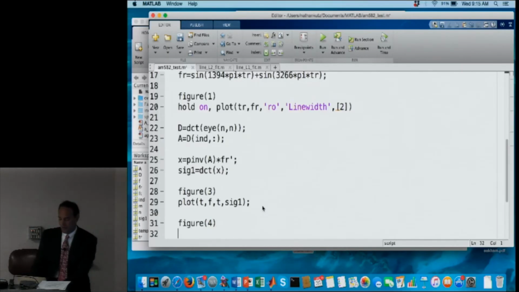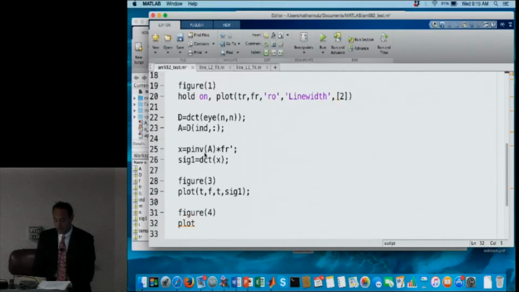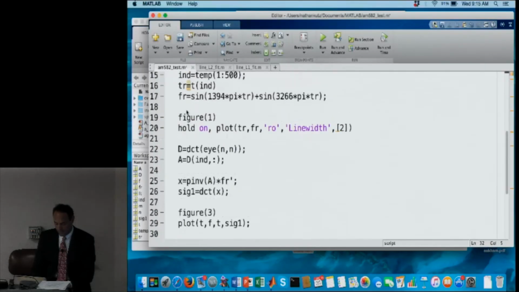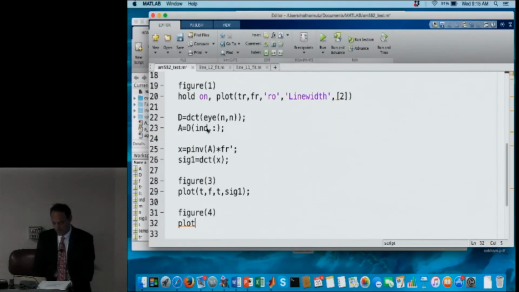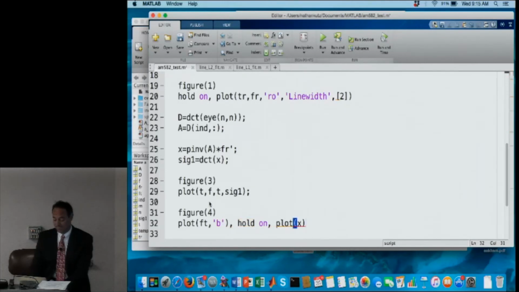What I'm going to plot now is the Fourier transform of the original signal, F T, and we'll plot that in blue. And then now we'll also plot, so those are the Fourier coefficients. And here's what this pseudo-inverse thinks the coefficients are, X. That's from here. That's what it solved for.